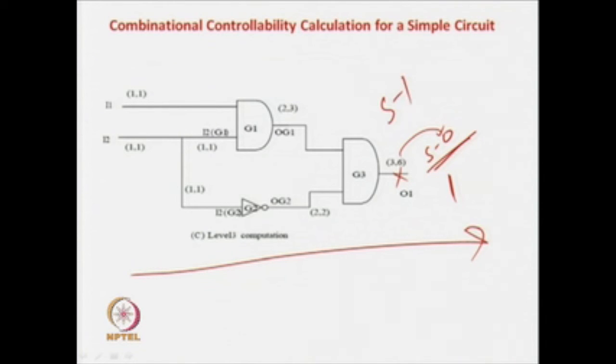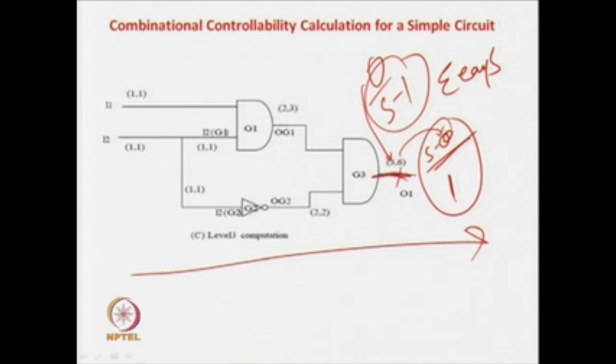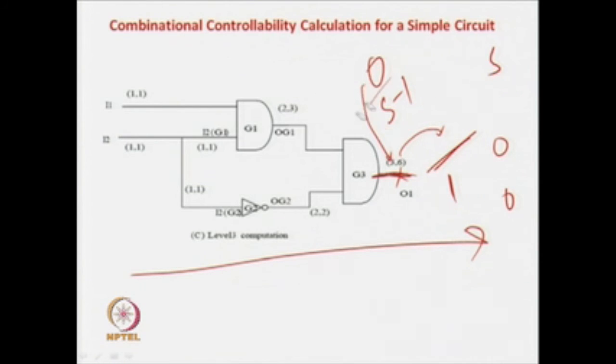Now, for stuck-at 1, you apply a 0, and the difficulty of applying a 0 is 3. So, testing a stuck-at 1 fault is easy compared to testing a stuck-at 0 fault at this net. Here, this net is directly a primary output, so the observability values are 0. So, we have not added them. This gives you some intuition.